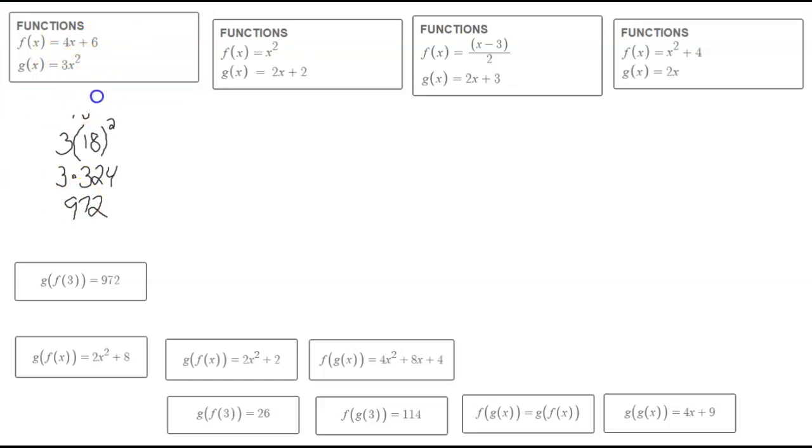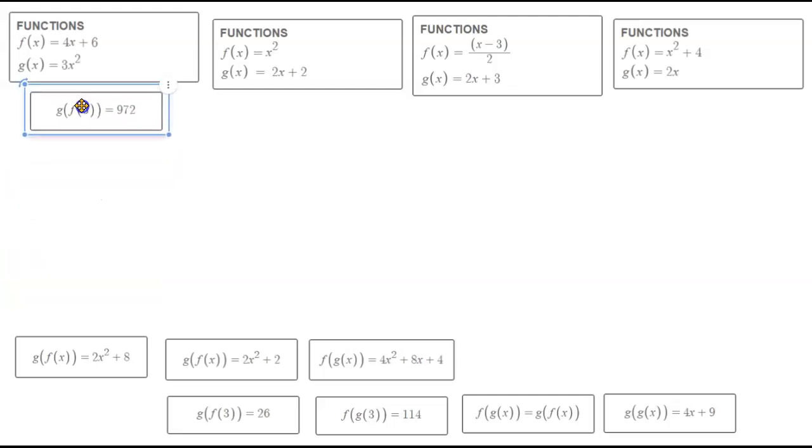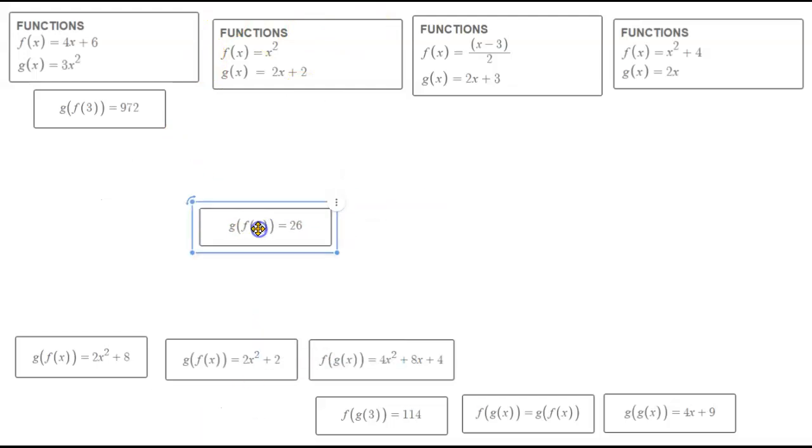I'm going to erase this and move that together. So those definitely go together. I'm going to try this one now. Since my g function is pretty easy, I'm going to do 3 in here.